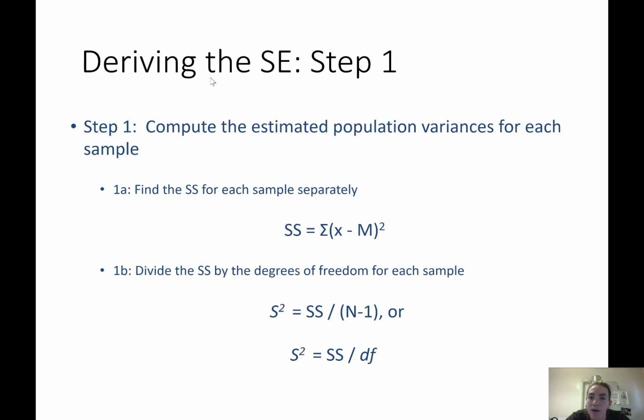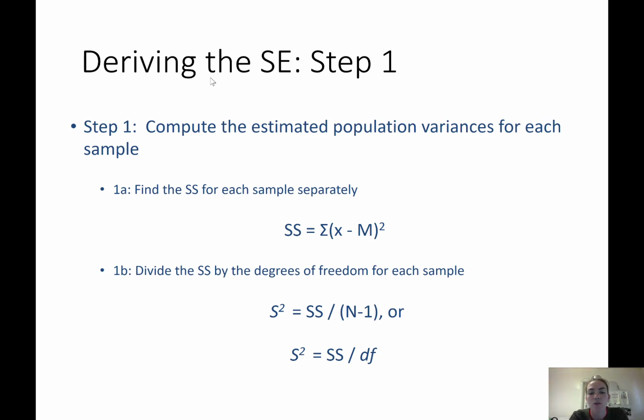So step 1 of calculating the standard error is going to be to first get an estimate of population variance from each group. So we'll ask group 1 and ask group 2, what do you think this true population variance is, essentially, right? So we know that we use the formula SS, or sum of squares, over degrees of freedom to get a population variance estimate.